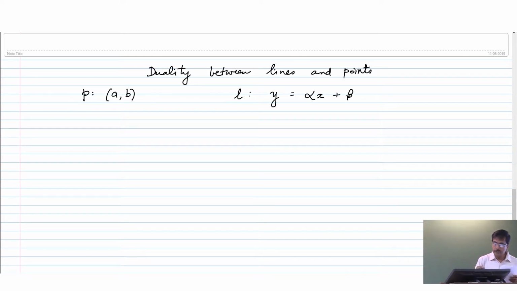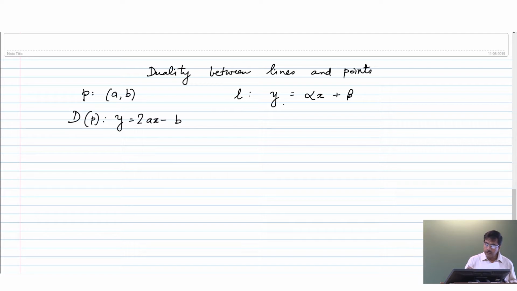relatively easily. So I'll define this duality transform D of P as: this point is mapped to the line y = 2ax − b.